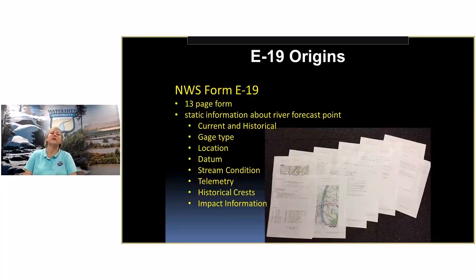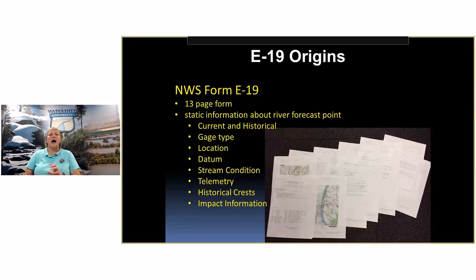It's one of those forms that started in the 1950s, National Weather Service Form E-19A46, whatever in the heck it is. It's a 13-page document that talks about the location for the official river forecast points. It's got what type of gauge is there, when did the staff gauge go in and when did it change to a new location.